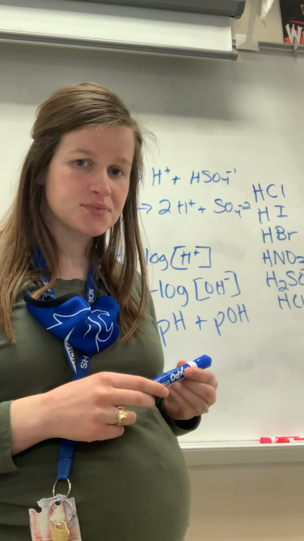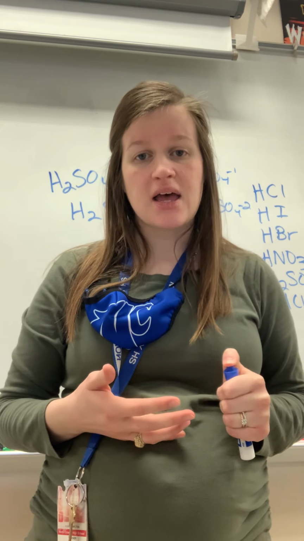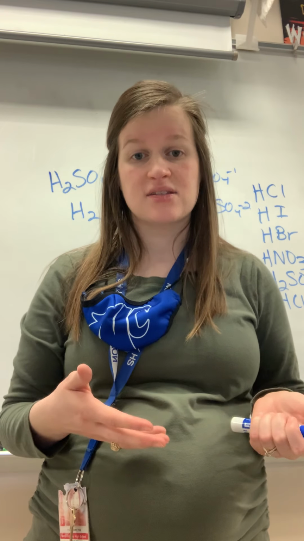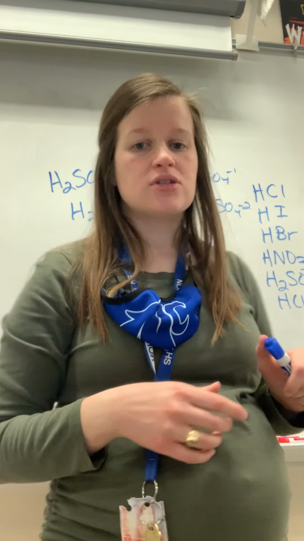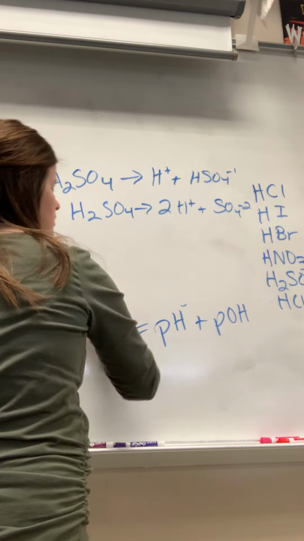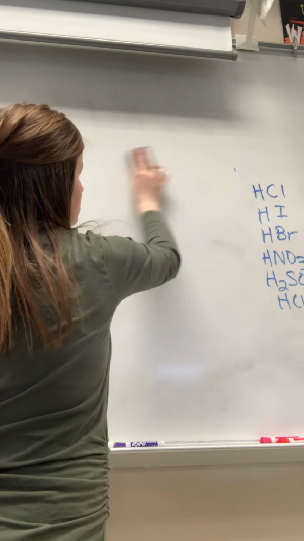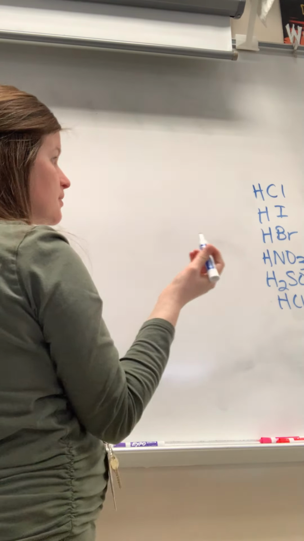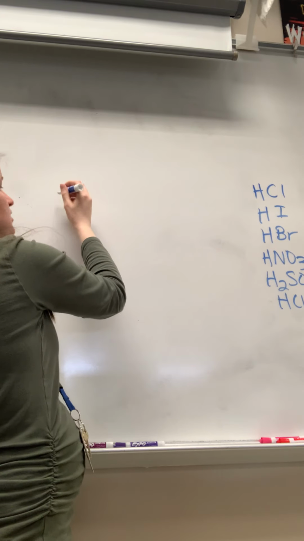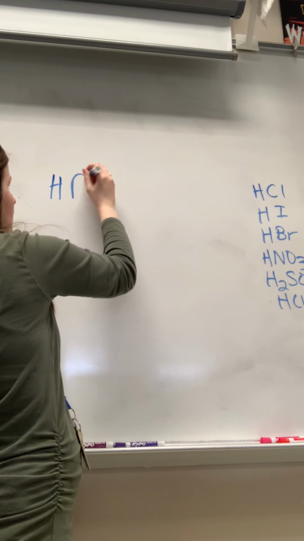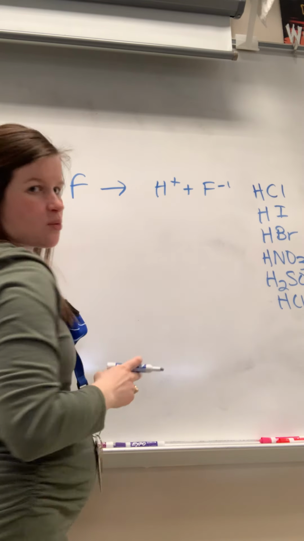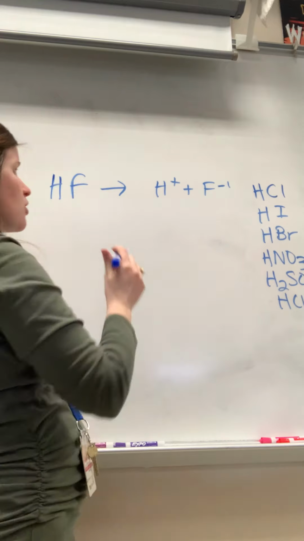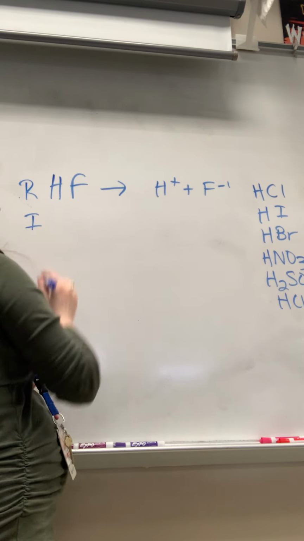Sometimes, if it's a weak acid or a weak base, you just need to do a RICE table to figure out the concentrations. If you remember RICE tables, say I have a weak acid like HF, which breaks apart into hydrogen plus fluoride. Our RICE table will be reaction, initial concentration.